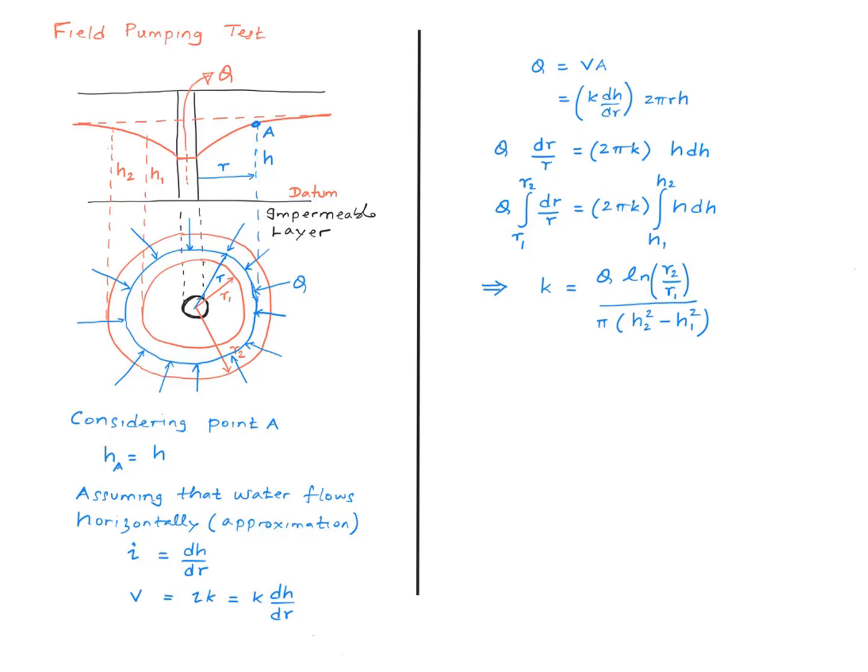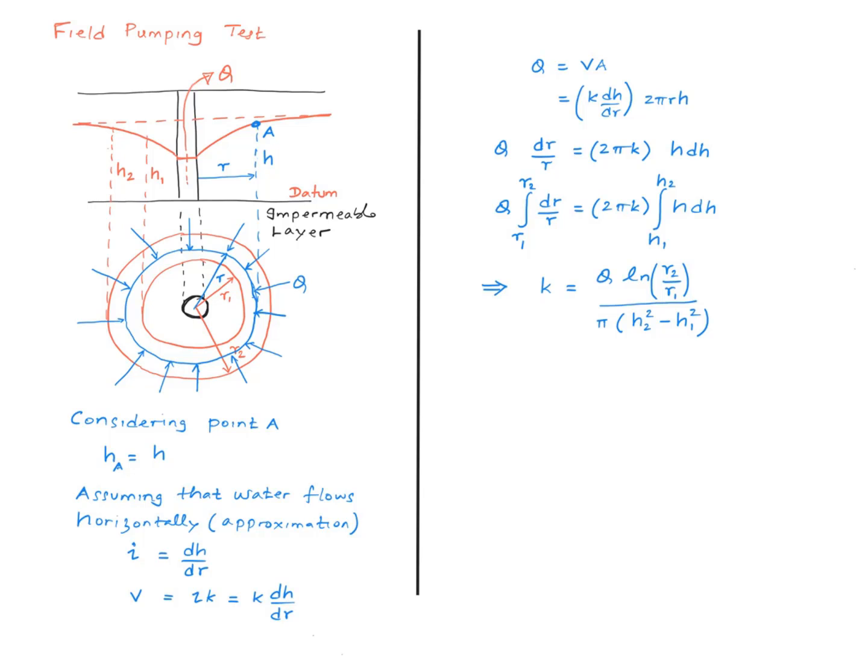And now by rearranging this equation and integrating this between 2 points, point 1 and point 2, we get this expression for the permeability. So to implement this, we need to drill 2 other boreholes at radius r1 and r2 respectively and measure the height of water table in those boreholes.